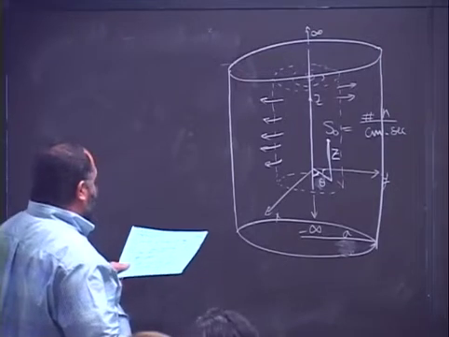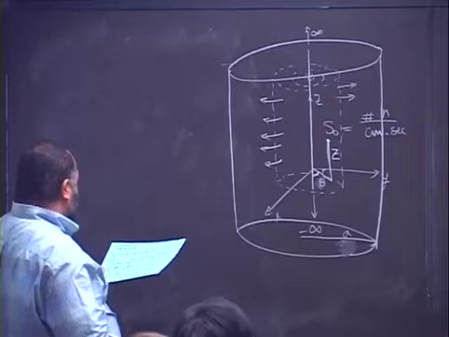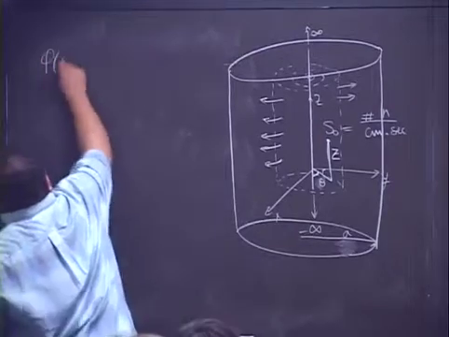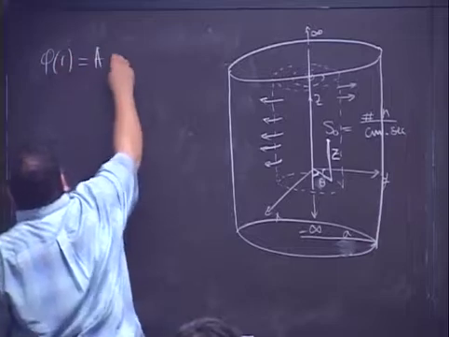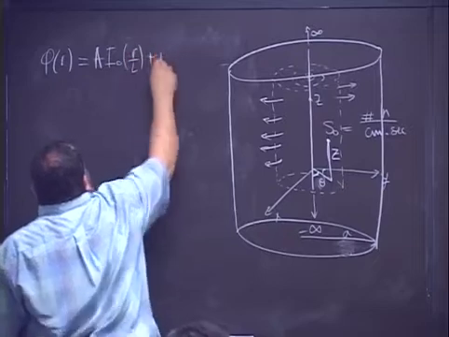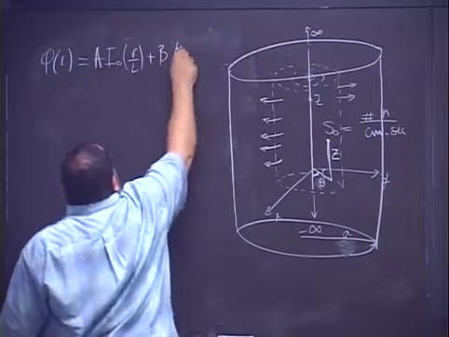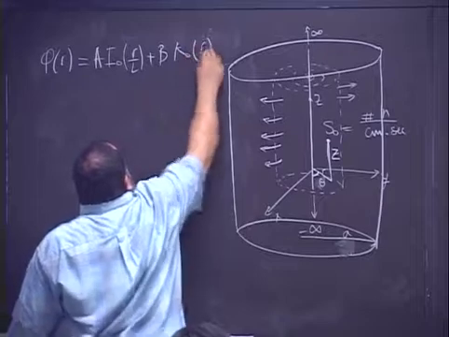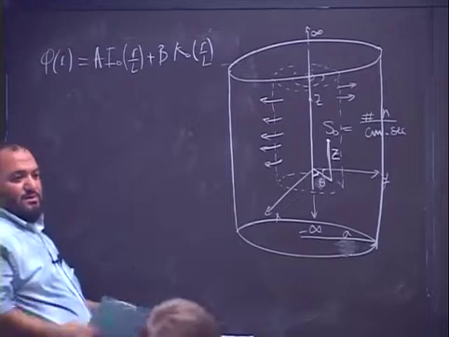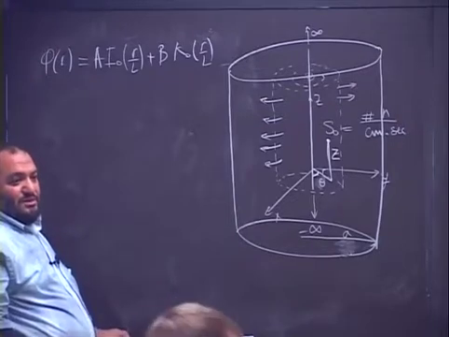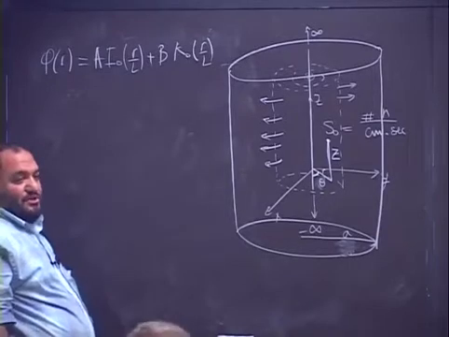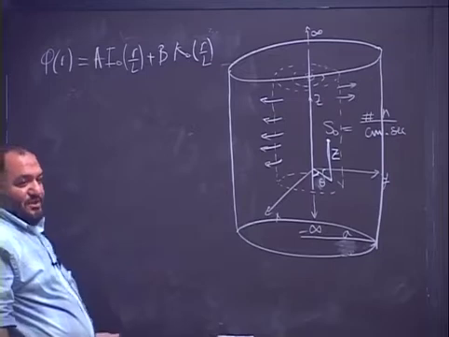Now, what's the boundary condition? The flux is still the same, phi of r equal to A multiplied by I naught of r over L plus B K naught of r over L. What changes now is the boundary condition. The cylinder is infinite in the same direction as the source, but it has a finite radius.